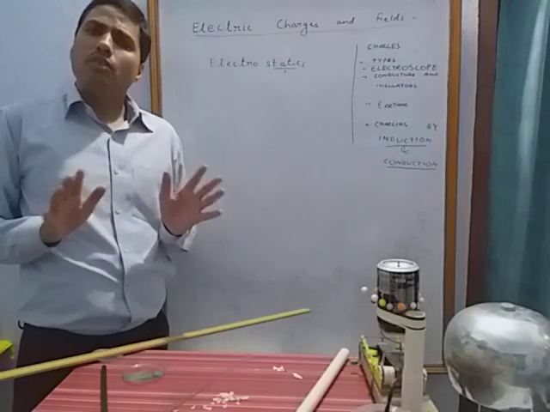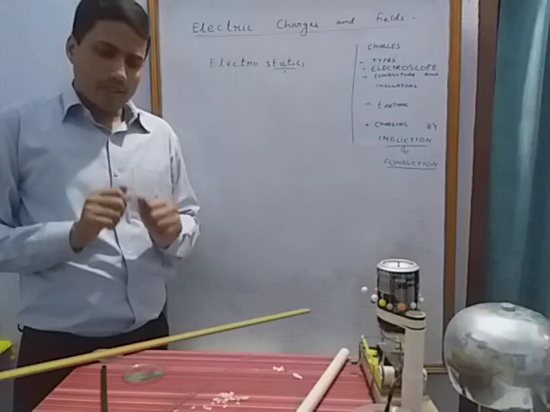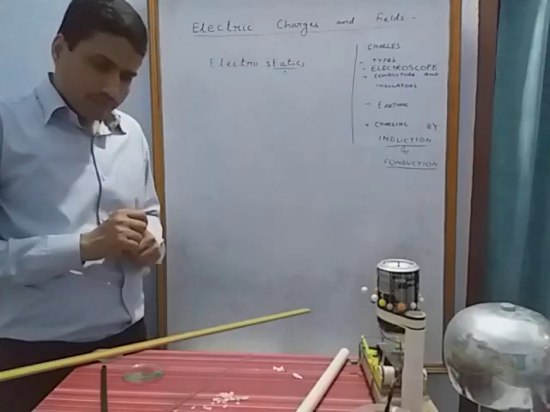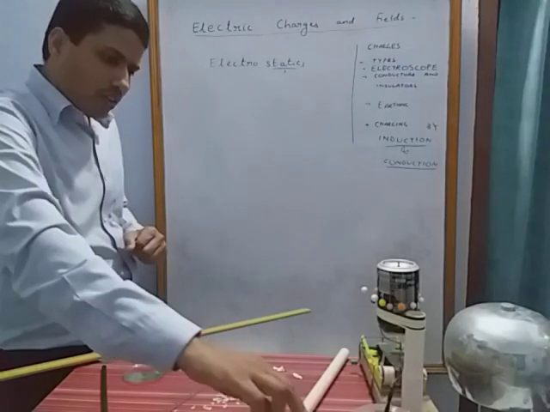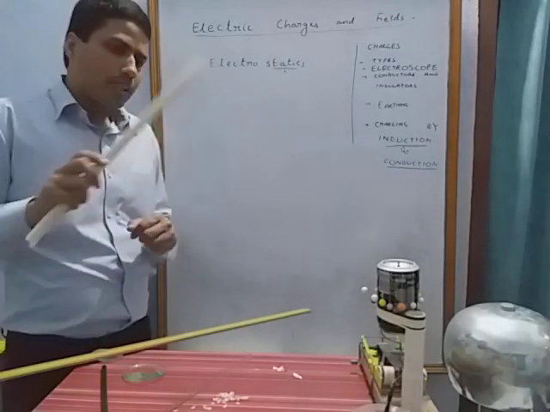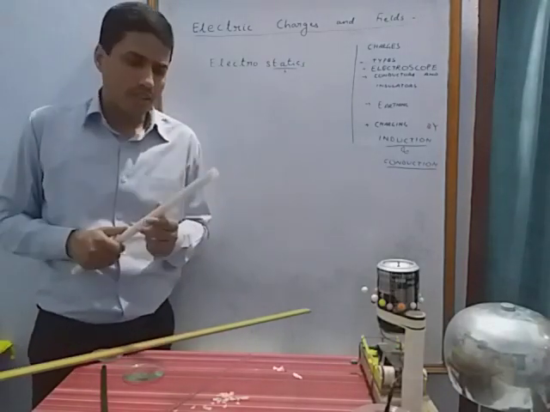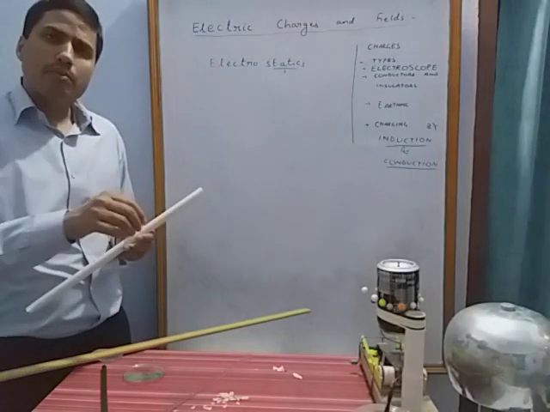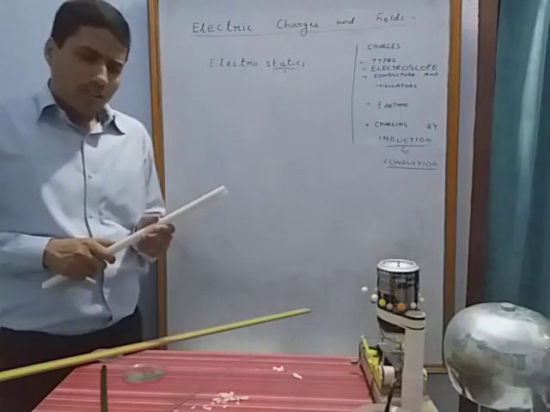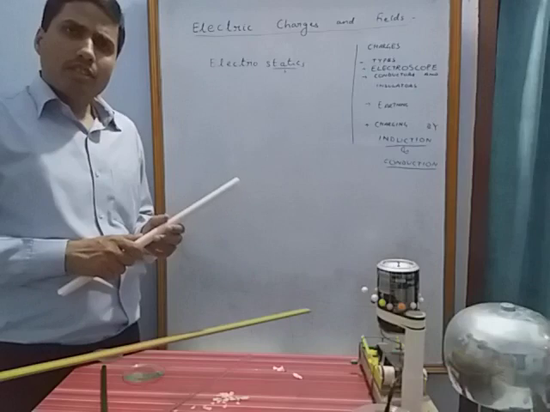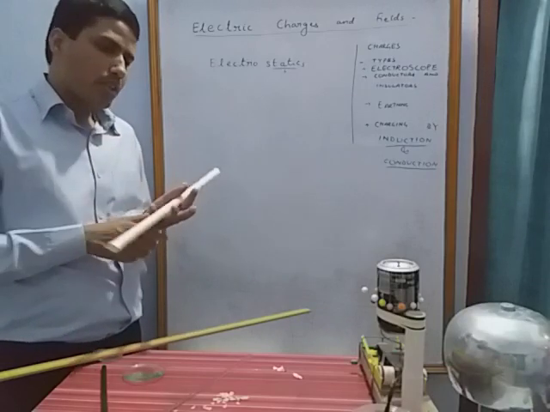I am damn sure all of you must have played with this little activity of rubbing something against your hair, most preferably a plastic ruler scale, and then trying to attract bits of paper. Though it is quite childish, there is a lot of physics involved in that.